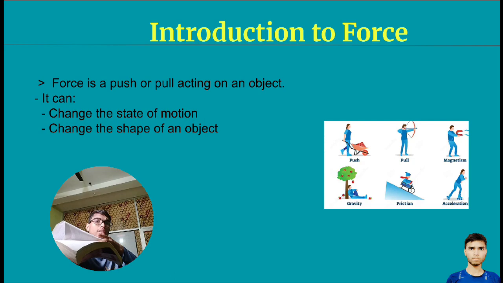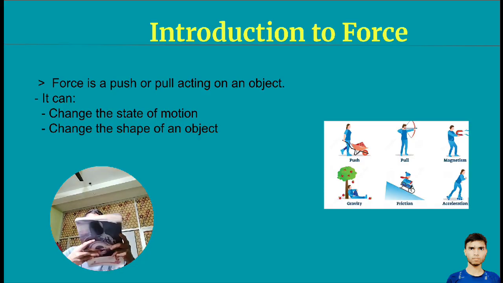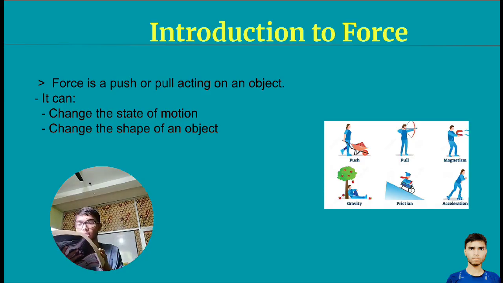Here you can see the shape of this paper right now is like this. I am applying force. Now you can see the shape of this paper became something else. So this happened because we applied force. And here I said you should have a flexible solid shape. Then you will be able to.